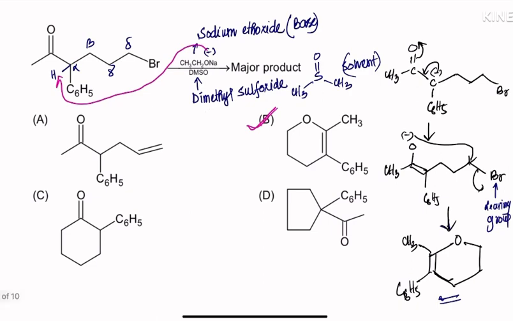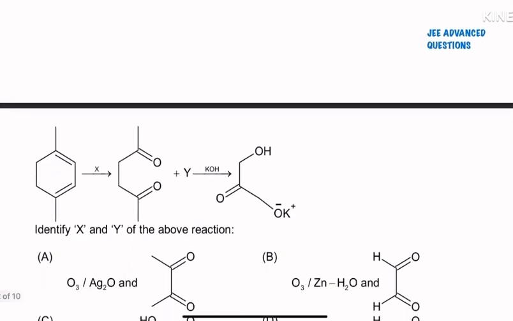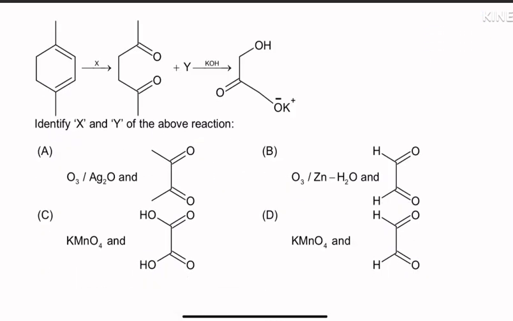Okay, so coming to the next question. If I treat with X, then it will form that diketone, and then Y will form. And after that, if Y reacts with KOH, it will form this type of complex.